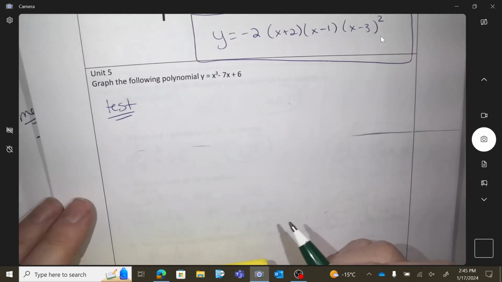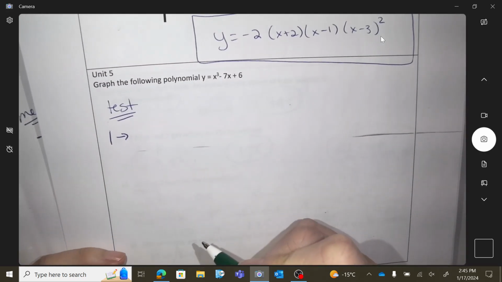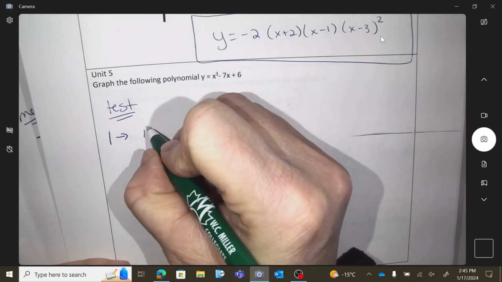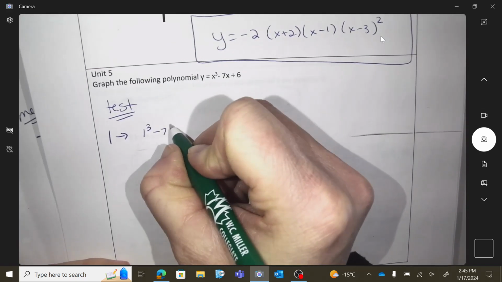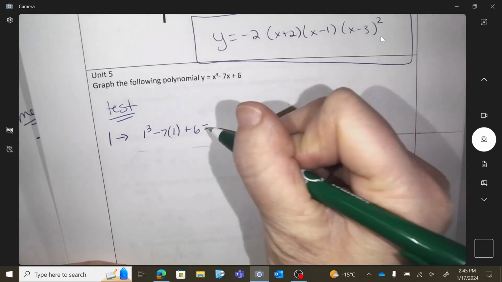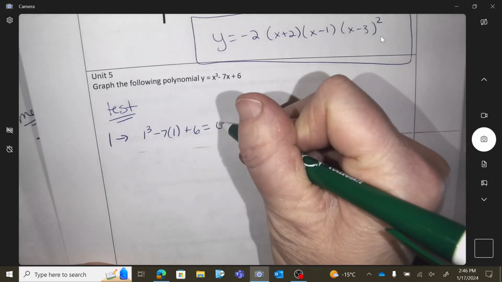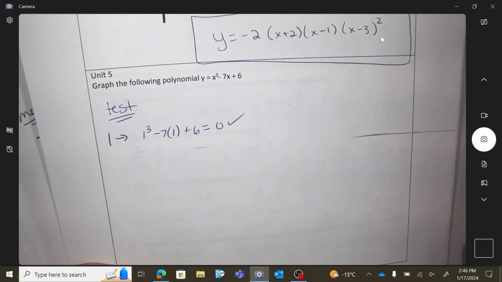Trial and error, test something. So I'm going to start with 1. If x equals 1. 1 cubed minus 7 times 1 plus 6 equals 0. Oh, that's nice.